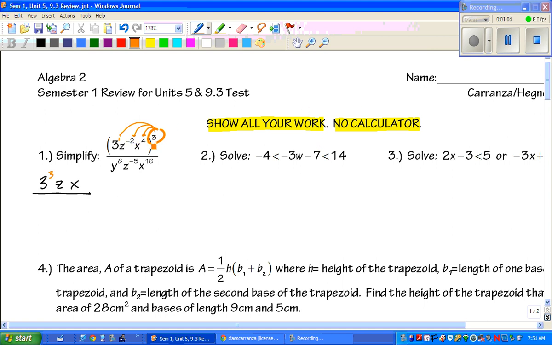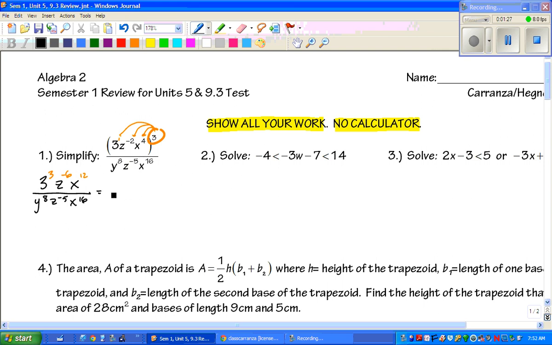-2, you multiply that by 3, and you get -6. And then x, 4 times 3 is 12. Okay? And now everything on the bottom stays the same. So y to the 8th, c to the -5th, and x to the 16th.